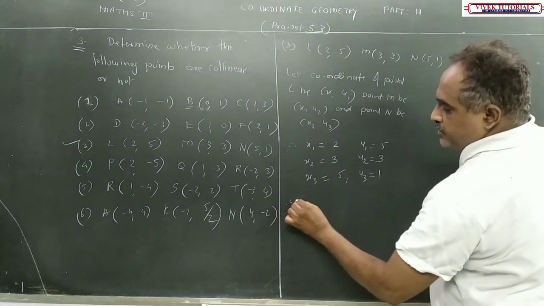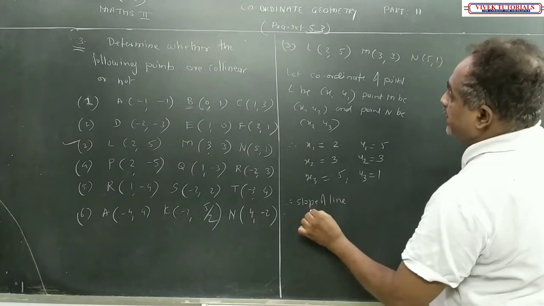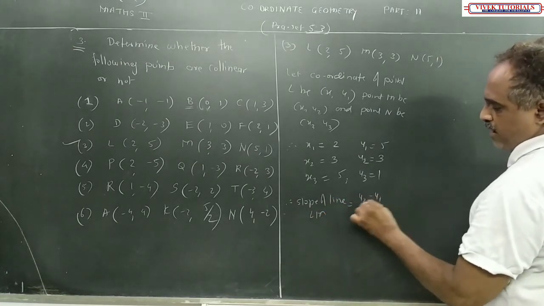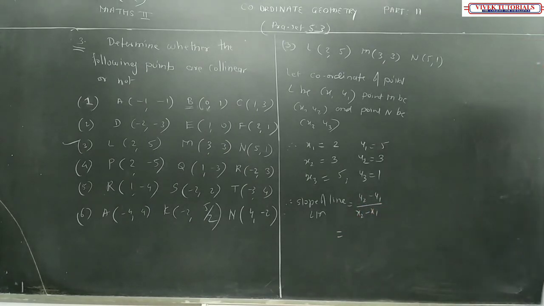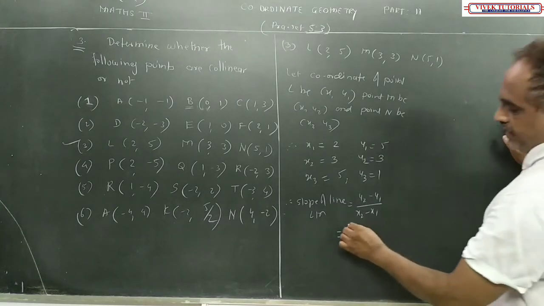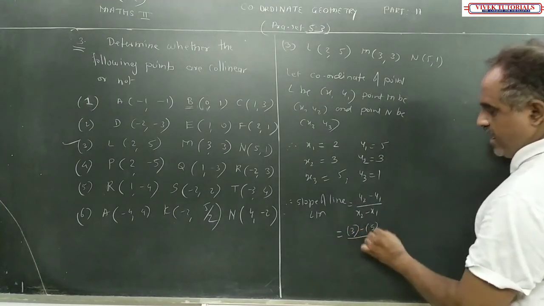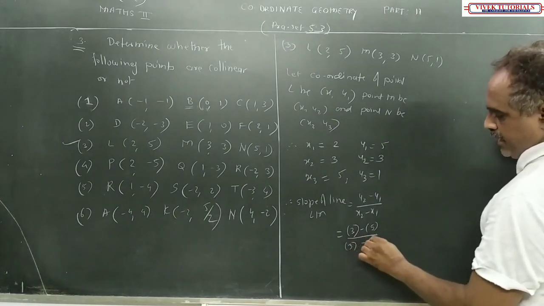Therefore, the slope of line LM is equal to y2 minus y1 upon x2 minus x1. y2 is 3 minus 5 and here 3 minus 2.